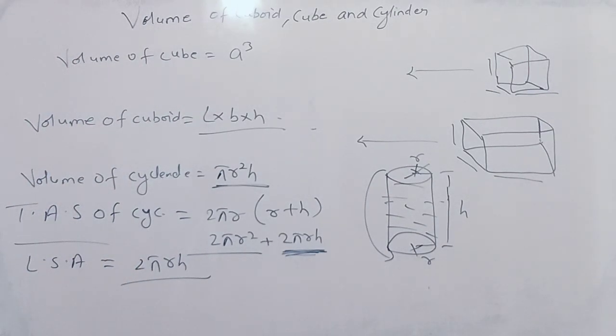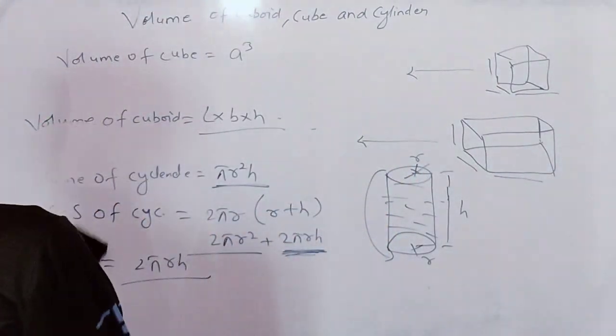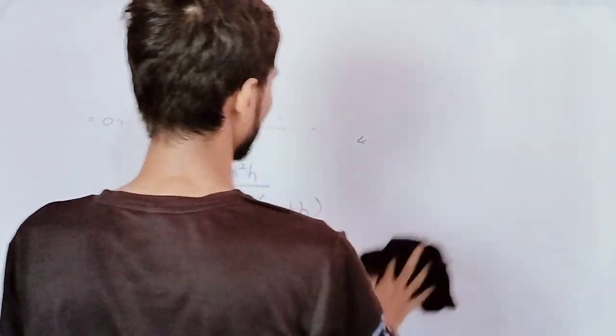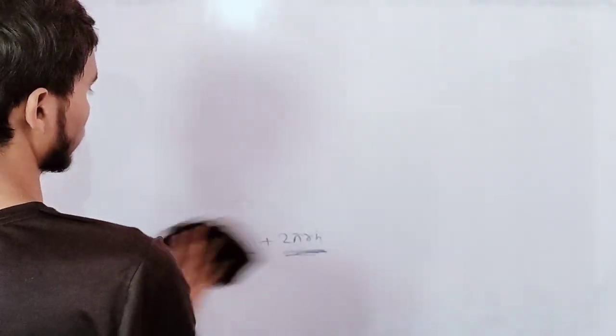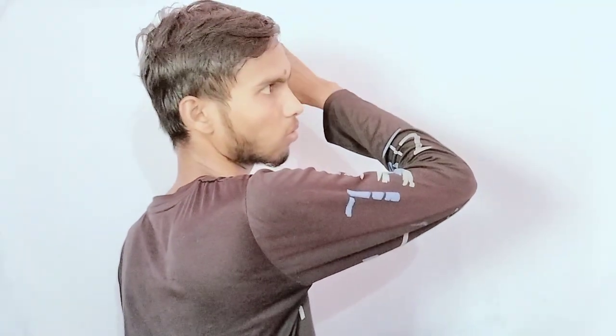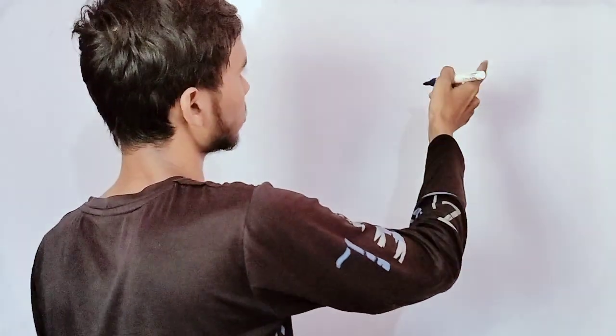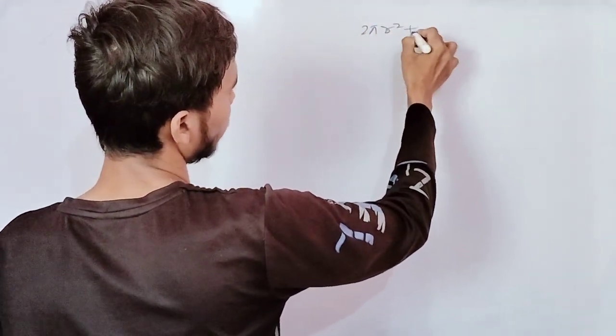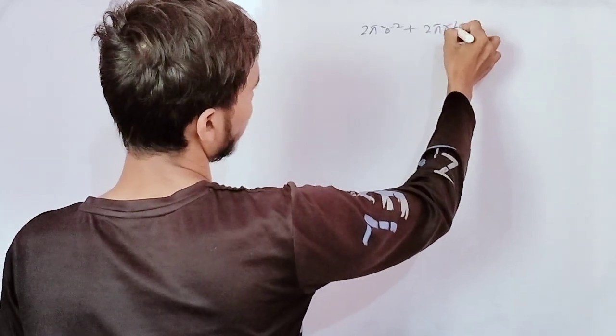Remember, the total surface area would be 2 pi r square plus 2 pi r h.